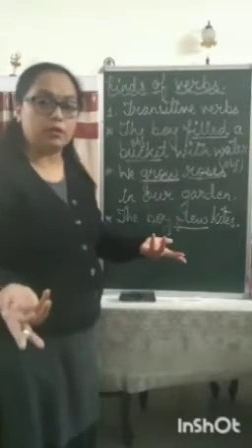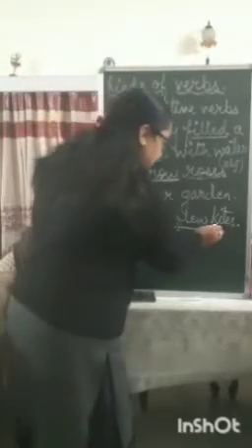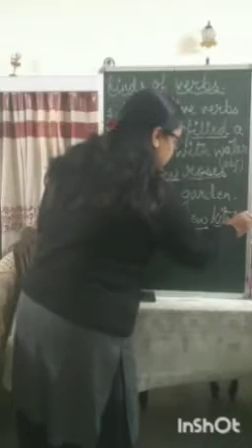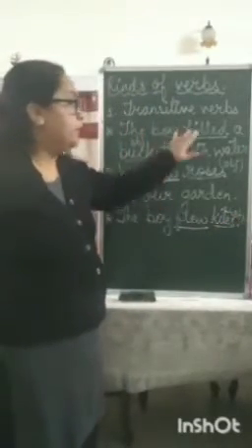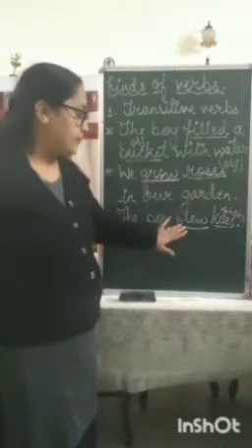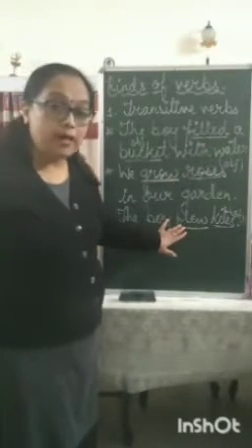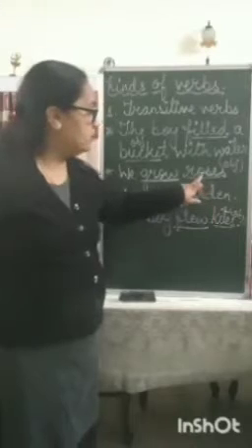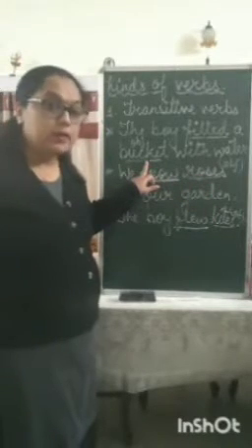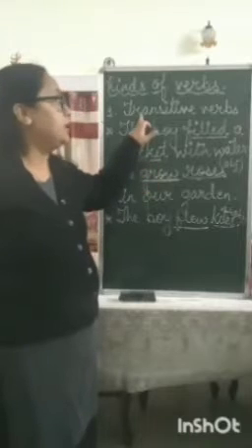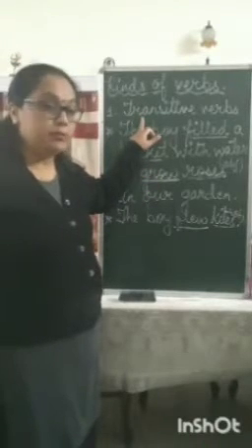The boy flew what? Here the object that the boy flew was the kites. Such verbs which require an object to make a meaningful sentence come under transitive verbs.